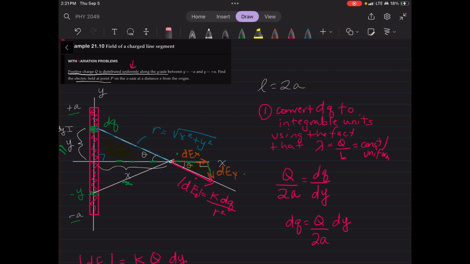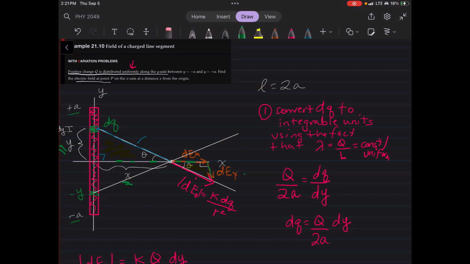So we go ahead and draw our line. I'm going to erase this, get that out of the way. Now let's look at our dE vector pointing up. I'll use green for that.